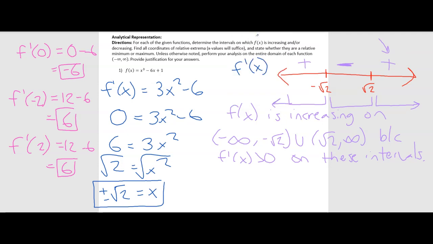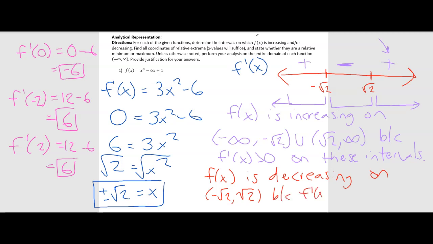Okay, same thing for where f of x is decreasing. f of x is decreasing on negative root 2 to root 2 because f prime of x is less than 0 on this interval.